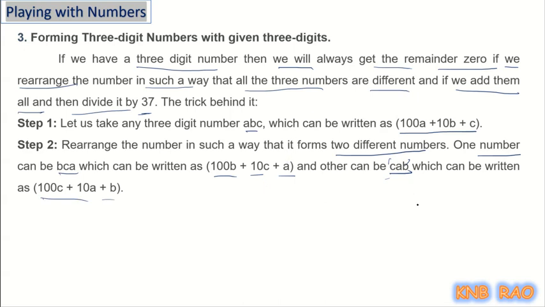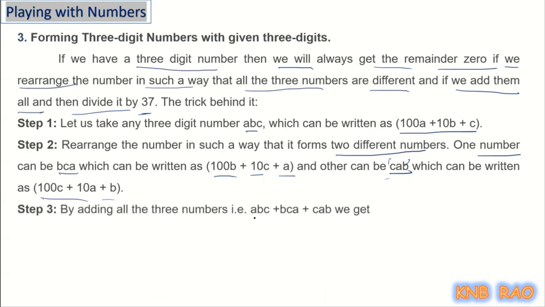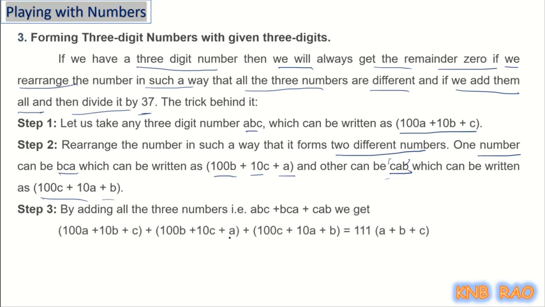So we have got 3 different 3 digit numbers, and we added them: ABC, BCA and CAB. It gives 100A added to 10A added to 1A, so 111A.